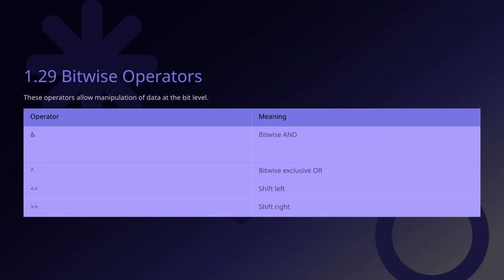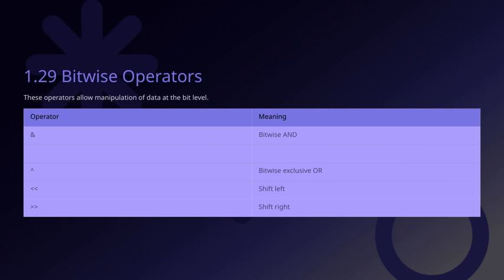Think of it as a way to filter bits, keeping only the bits that are set in both values. Next is the caret symbol, which stands for bitwise exclusive OR, or XOR. This operator compares bits and returns a 1 only when the bits are different. It's really useful for toggling bits or performing certain encryption tasks.